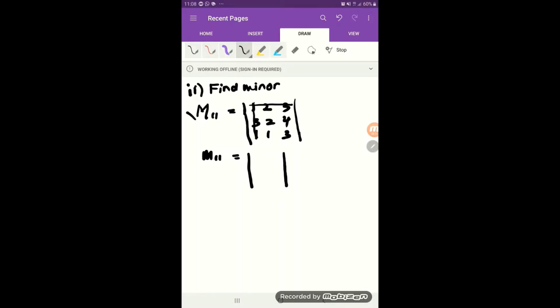We rewrite the elements not deleted here: 2, 4, 1, 3. So calculate the value of the determinant. 2 times 3, 6, minus 4 times 1, 4. So the answer is 2. This is the value for M11.